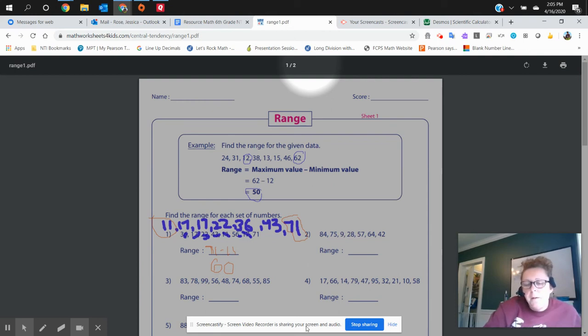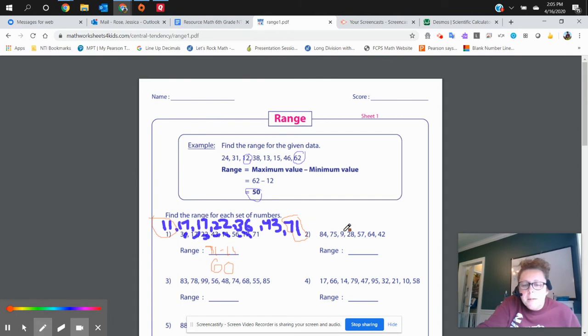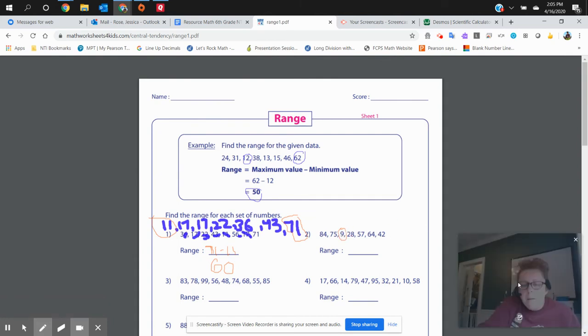Let me demonstrate the other way I showed you how to do it. Okay, the first way, like the example. I'm going to look at all of the numbers. I'm going to find the smallest number. 9 is my smallest number, so I am going to just kind of circle that to keep it in my head. That is my smallest number. Okay. Now I'm going to try to find my biggest number. It looks like that 84 is the biggest number. So I'm going to do this.